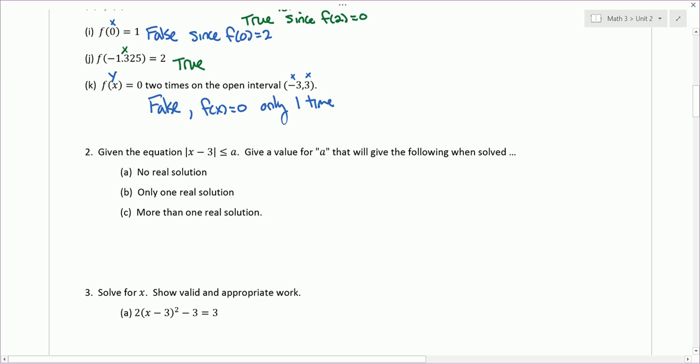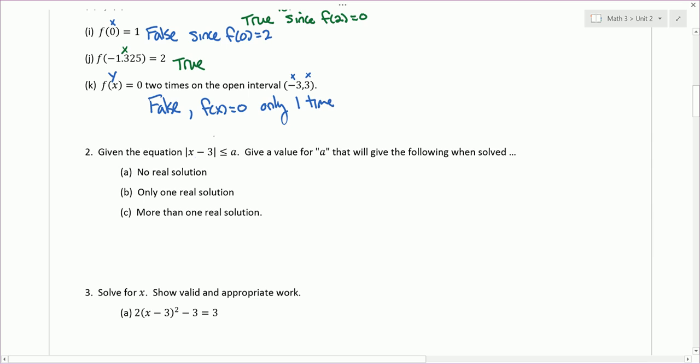One thing we know is when we take the absolute value of anything, we get a positive answer, or we can get 0. The absolute value of 0 is 0, but the absolute value of any other number is going to give you a positive answer. There's no way to get a negative answer.